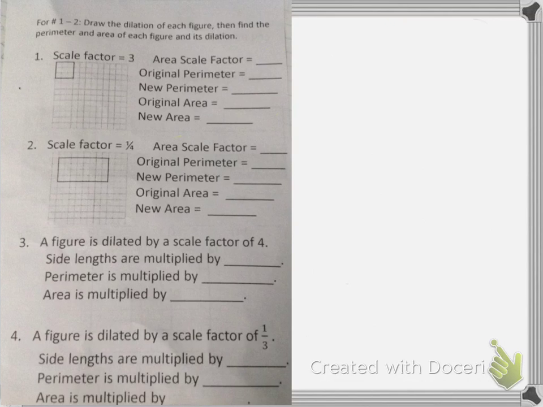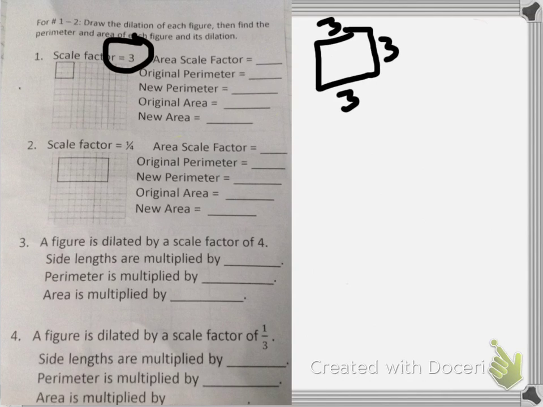The first thing I want to do is, I know the scale factor I want to use is 3. That means every side is going to be 3 times its original size. So if this is a square and I know each side is 3, when I apply my scale factor of 3, I'm going to multiply every side by 3.